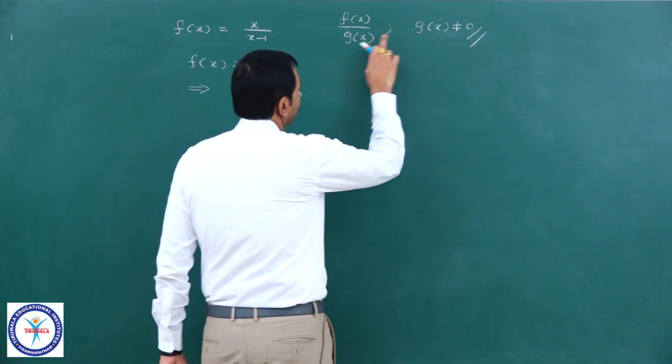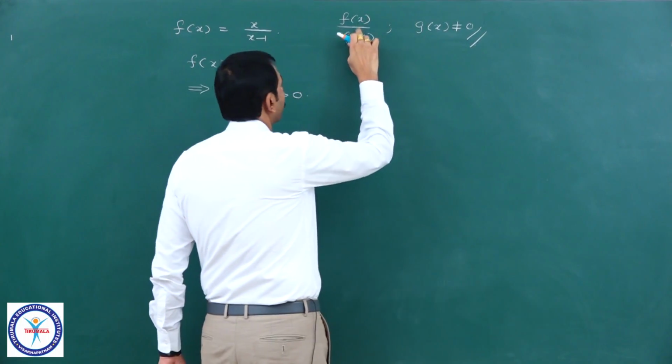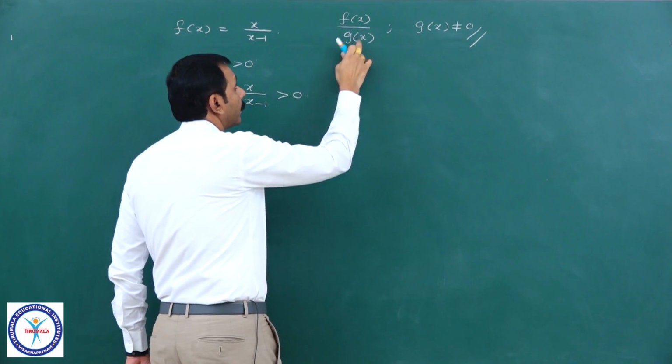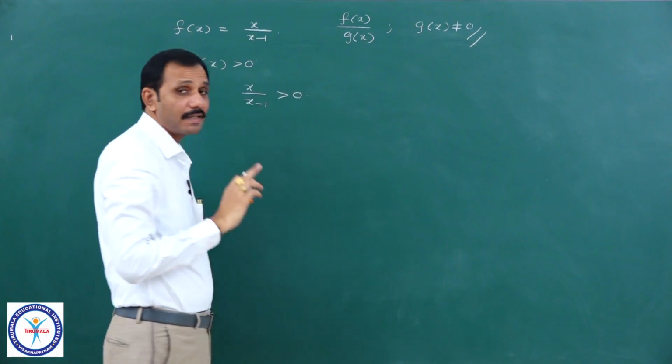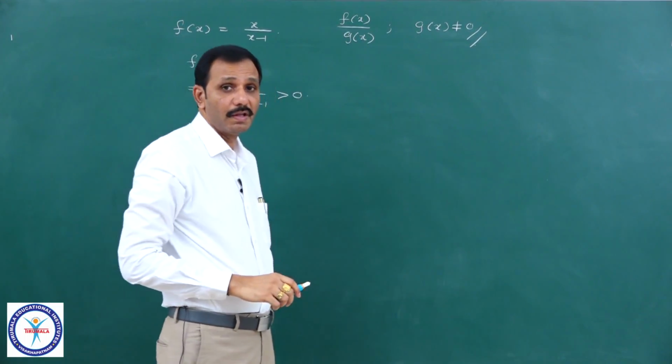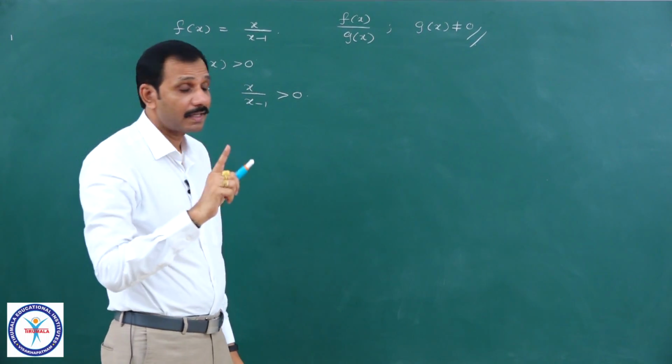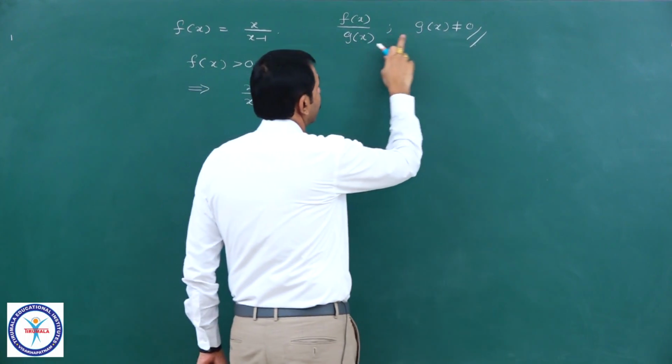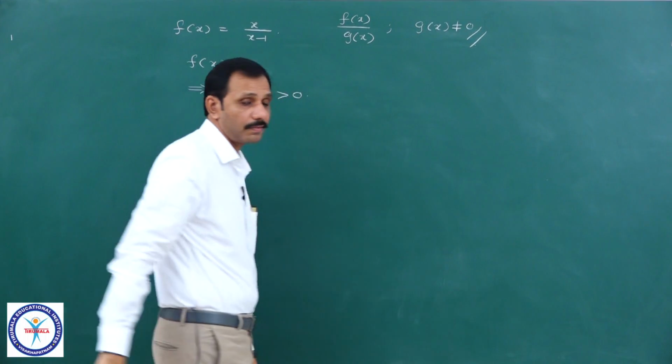Because whenever g of x is equal to 0, the denominator will become 0, and this rational function is not defined for those values of x. That's why you must take care that the denominator g of x is not equal to 0.